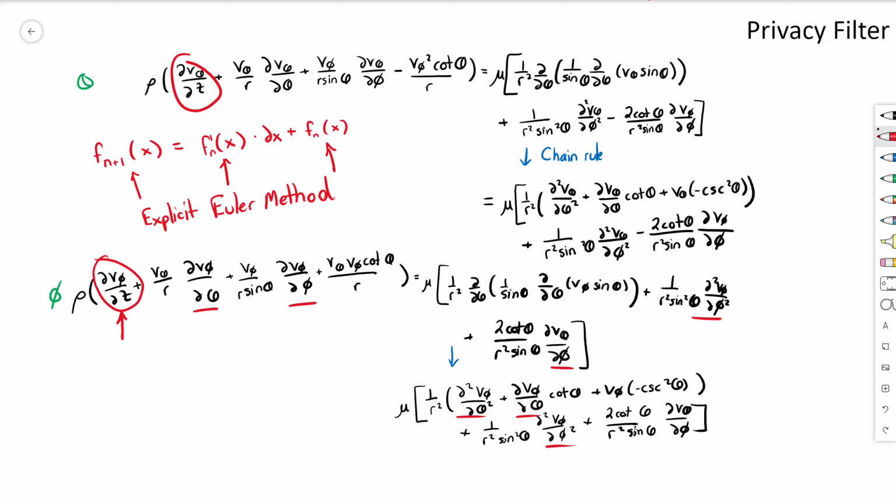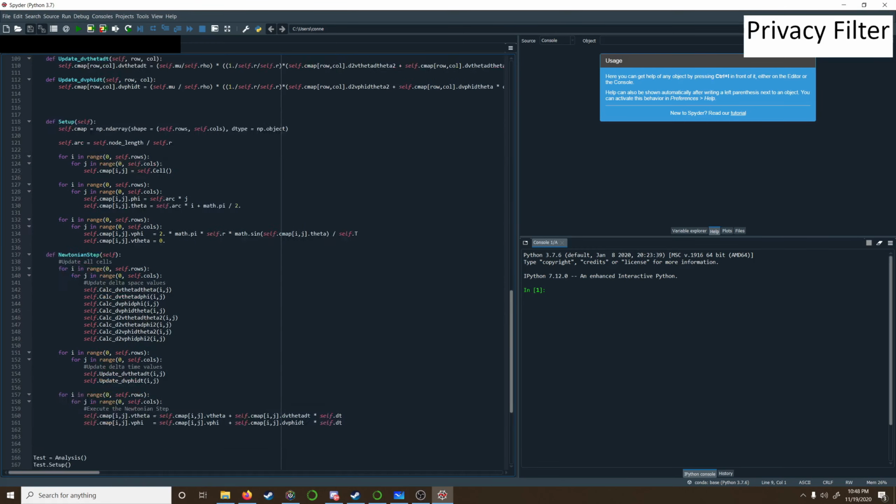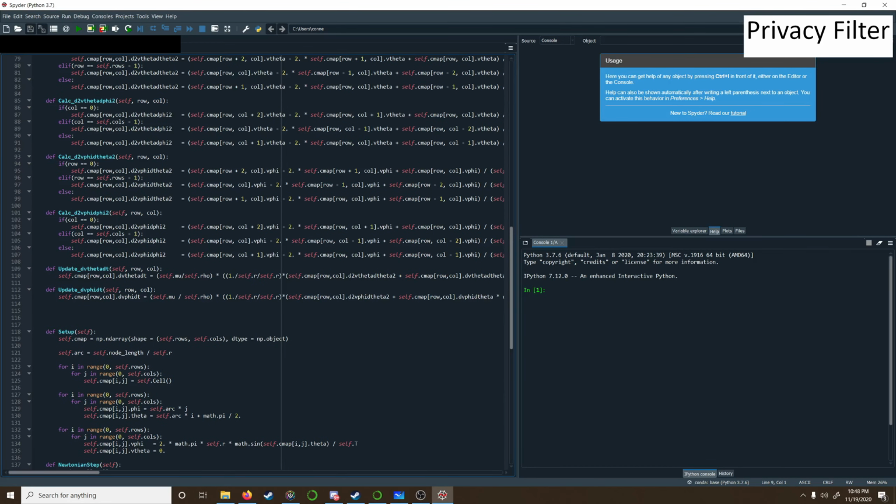We can use the old velocities at each point also to fill in all the rest of these values. The radius is the same for every point, and we know the viscosity and the density because we're assuming that those are constant. That's probably a decent assumption. Liquids don't generally change density unless there's a big temperature gradient, and the viscosity is going to be more or less the same. So now that we have all these, we can solve for every one of them in our code.